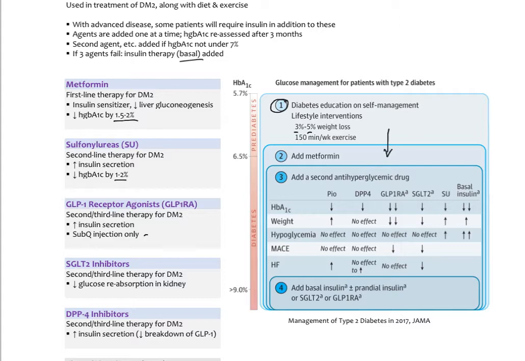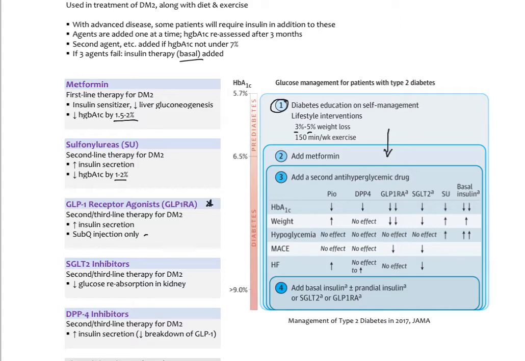They're typically, though, a second or third line therapy. We do have new data suggesting, though, that these are one of the few agents that actually have long-term cardioprotective effects. So we're seeing a little bit more since these studies came out now of more people on these medications. They have some very important adverse effects, for example, severe nausea for several weeks, even months in some patients, and that's important to know about.